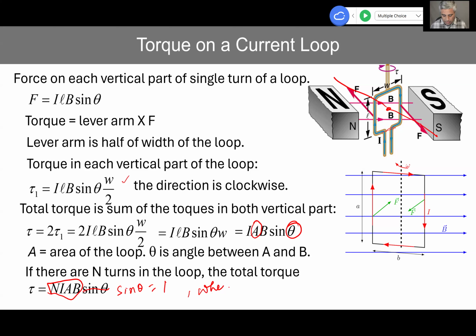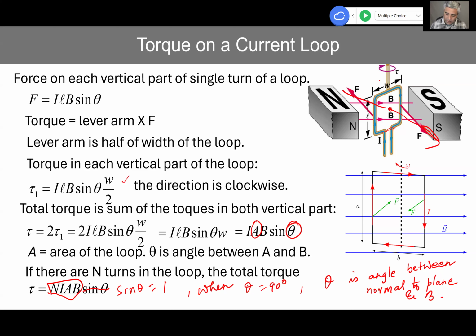When theta is 90 degrees, and theta is the angle between normal and B, okay? Normal to the plane and B. So over here, the plane is going to have a normal either coming out this way or going that way.